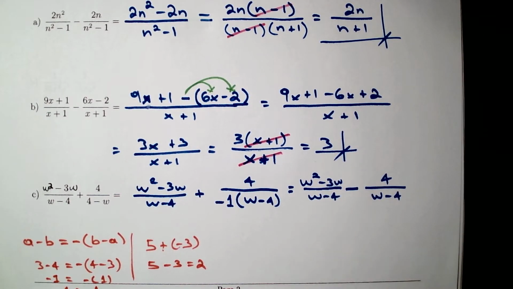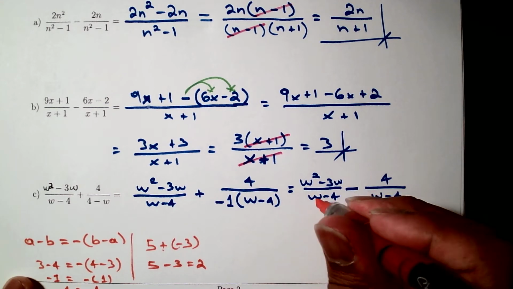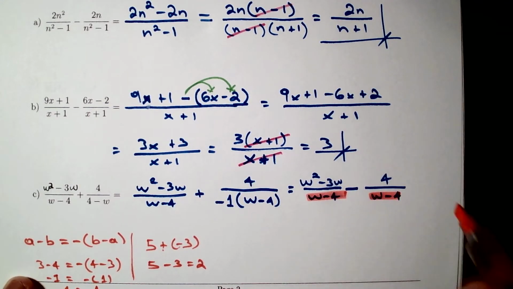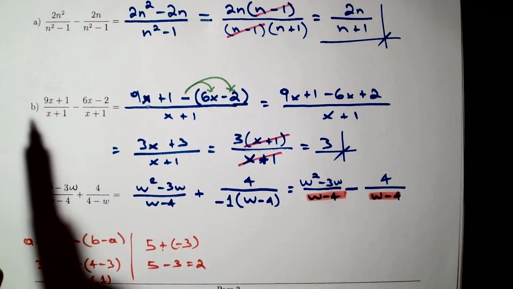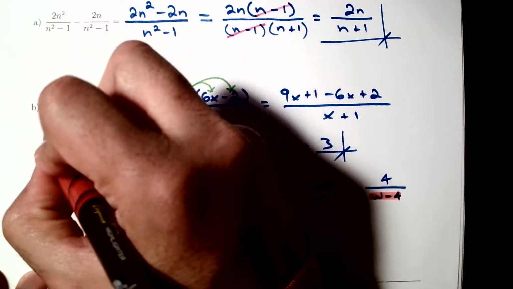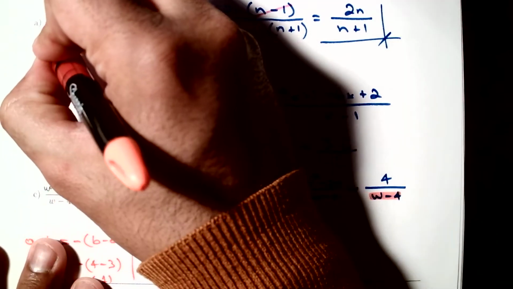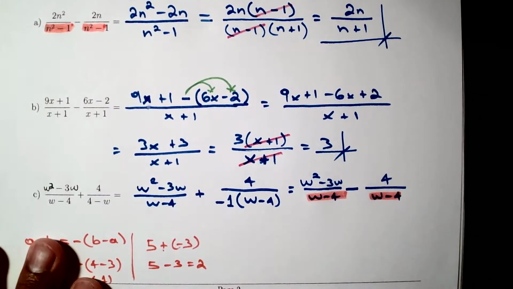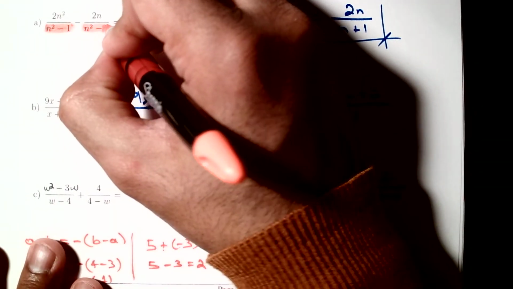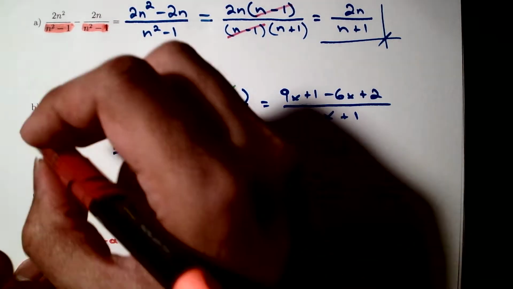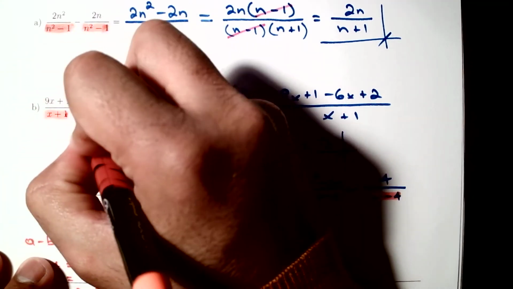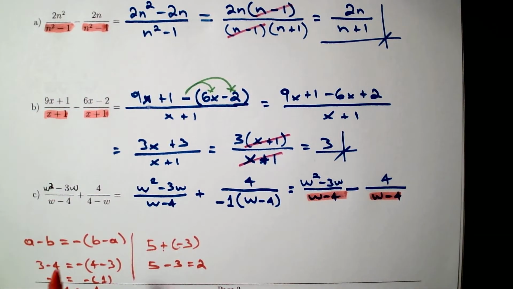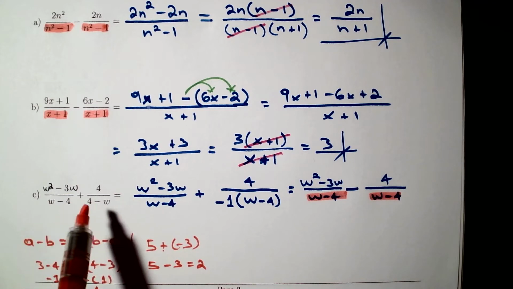And if you notice here, we accomplished our goal, which is to have the same denominator. As opposed to the previous examples, notice how in the first place we got the same denominators. I'm highlighting them as I speak, just so you can see the difference. But in this case, these are not the same denominator.